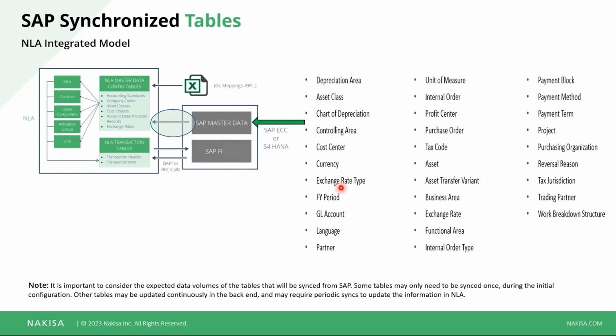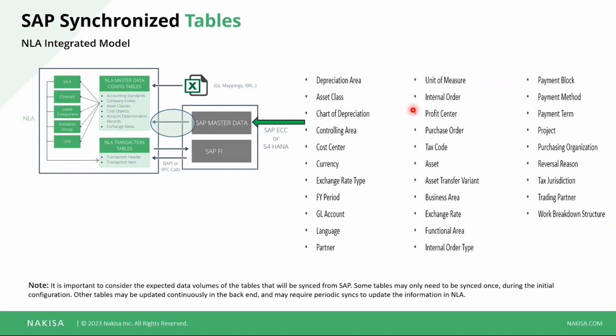Okay, so the synchronization works like this. Every single piece of data that I need to synchronize from SAP, like chart of depreciation, units of measure, profit centers, periods, GL accounts, currency, and so on, is going to be read and synchronized directly from SAP into our tables. No need for Excel preparations, uploads, or anything like that.